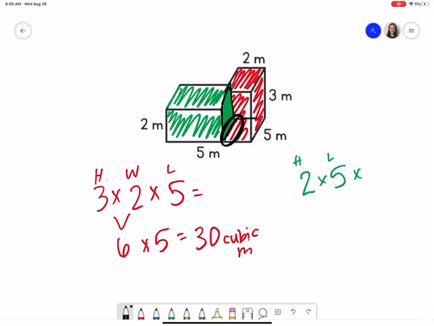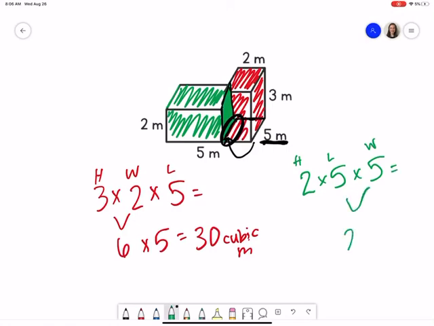If I finish off my rectangular prisms, what do I see? I see that this 5 meters is parallel to that, which means that that missing side is 5 meters. Okay? So we're going to put 5 for the width.